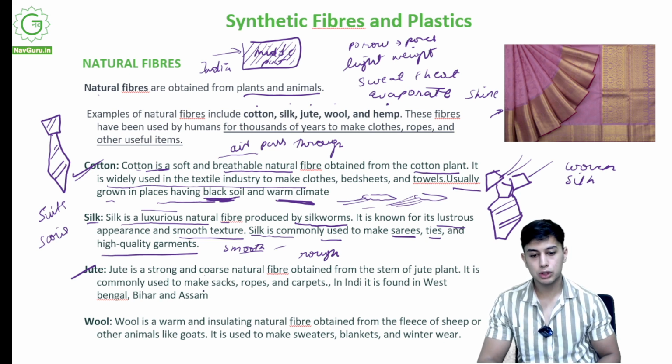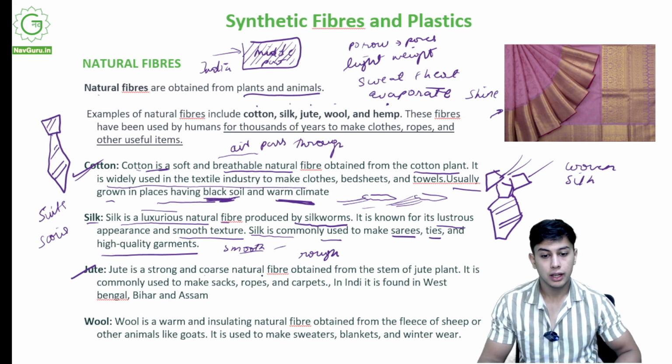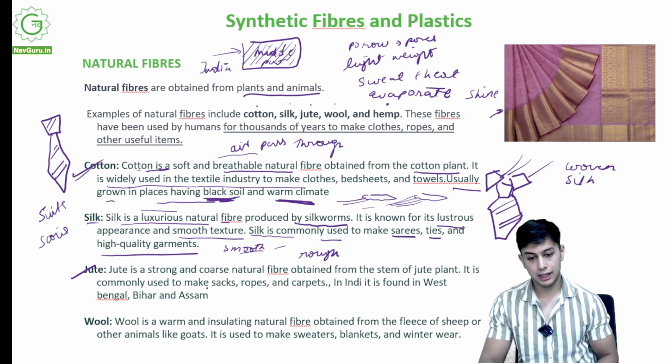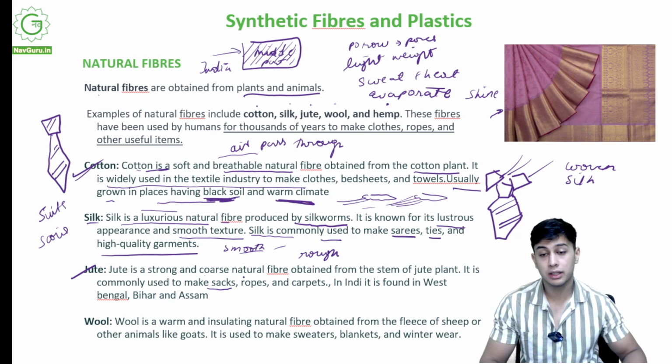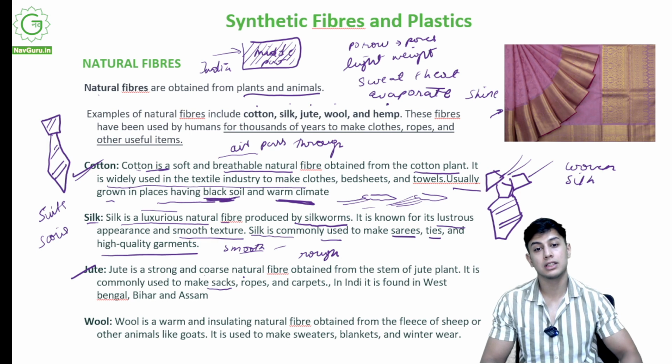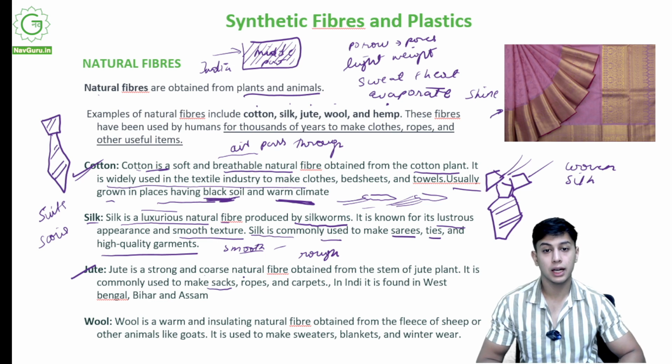It is commonly used to make sacks, ropes and carpets. It is very strong, it is very rough, hence we use it to make sacks. The bags in which vegetable sellers get their vegetables are made from jute. The mop, the pocha at homes, is made from jute.